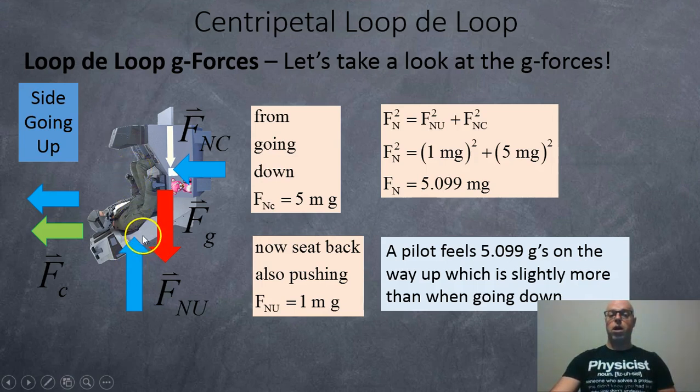So now you're going to have the back of the seat providing 1 g of force, the seat of the seat providing 5 g's, and you notice they make a right angle triangle, so we have to use the Pythagorean theorem. We get 1g squared plus 5g squared, square rooted, 5.099 mg. So the pilot's actually going to feel 5.099 g's on the way up, slightly more than coming down.